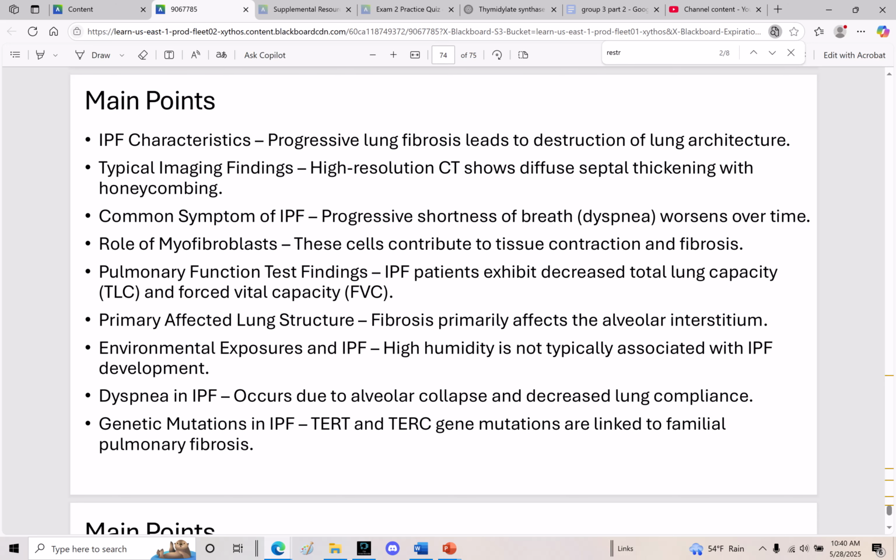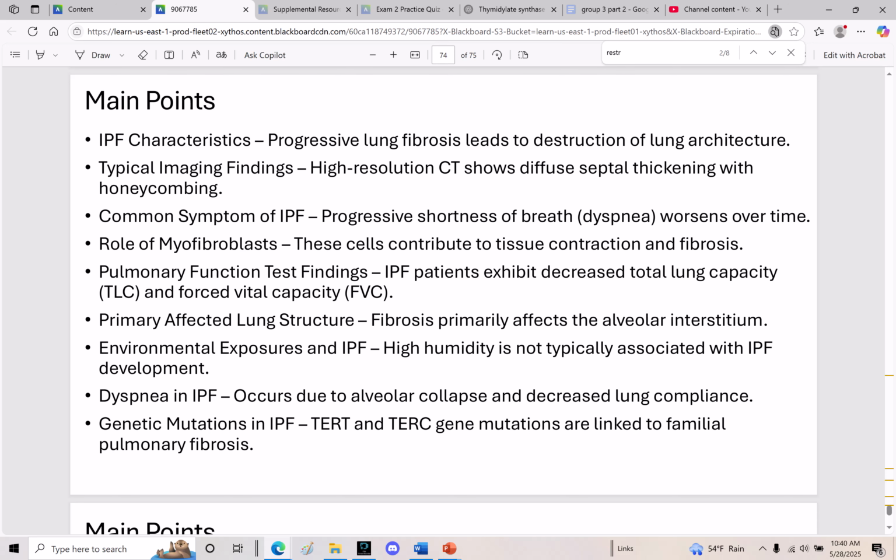Okay? I probably have to show you some of those images. Basically, it's going to be very classical because fibrosis is going to be picked up by the CT scan. It's going to show very thick lung, right? Now, the common symptom is going to be progressive shortness of breath, dyspnea. Okay? So, myofibroblasts.